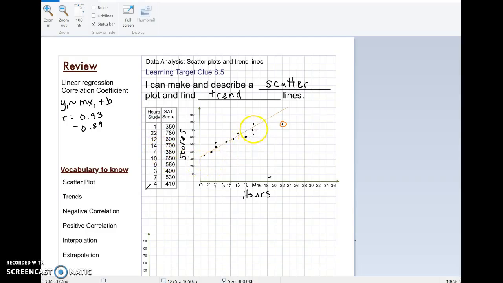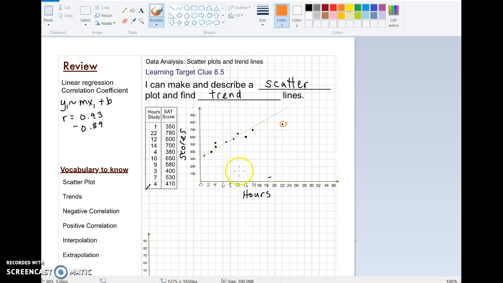So anything that's from here to here is interpolation, meaning I could pick an amount. Like I could say, well, based on my line of best fit, what do I think my score would be if I studied for 6 hours? And I could look at my 6 hours, go up to my line of best fit, and I can see that it's right about here.